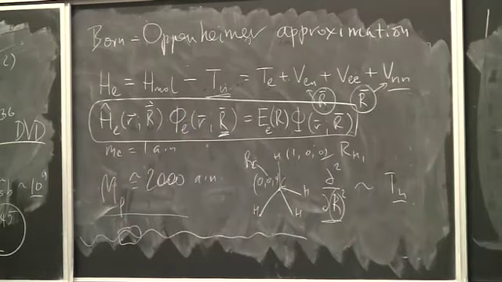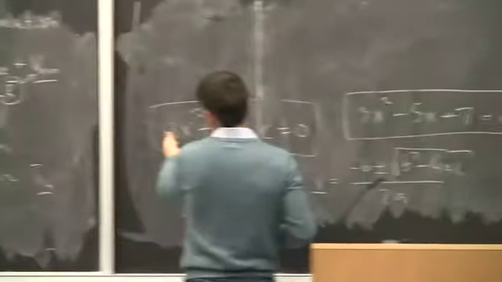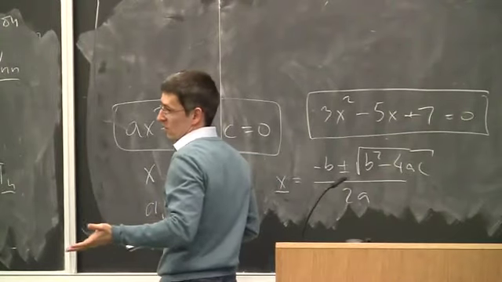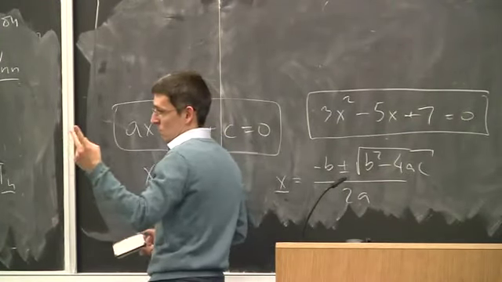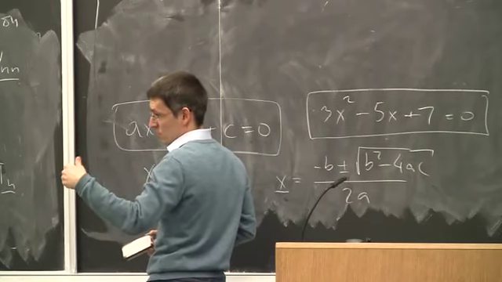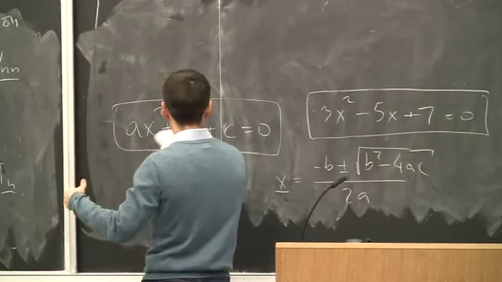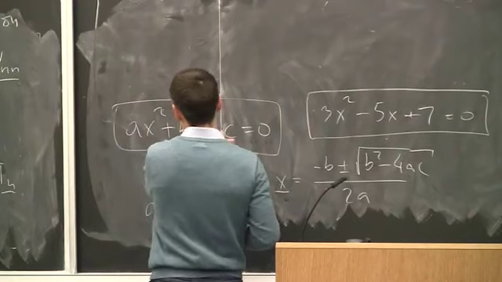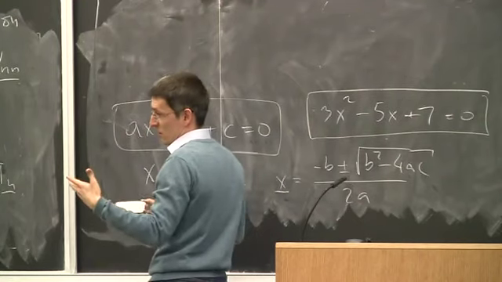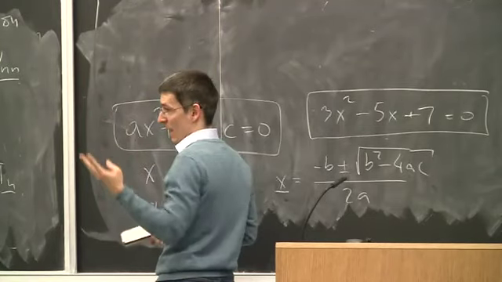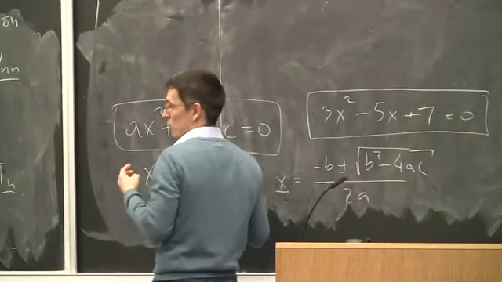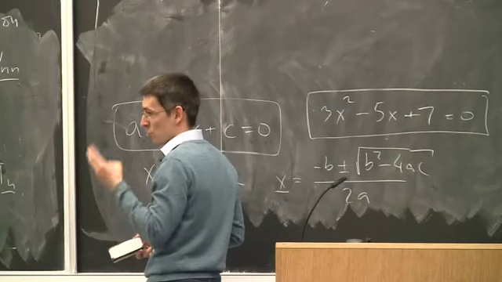It's like if someone asks you to solve a quadratic equation, but A, B, and C are not fixed. So what do you get? Instead of having two solutions, one x and another x that makes this 0, if A, B, and C are not fixed, you have 4 variables, A, B, C, x, 4 variables, one equation. That means one equation removes one variable.